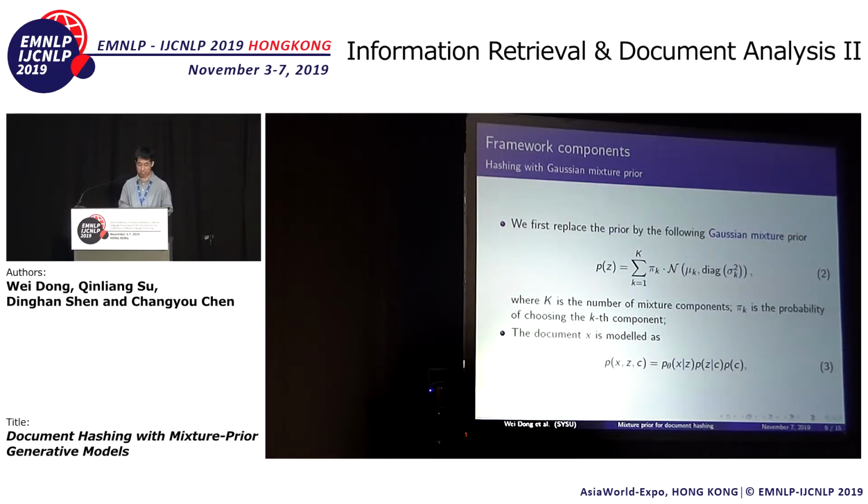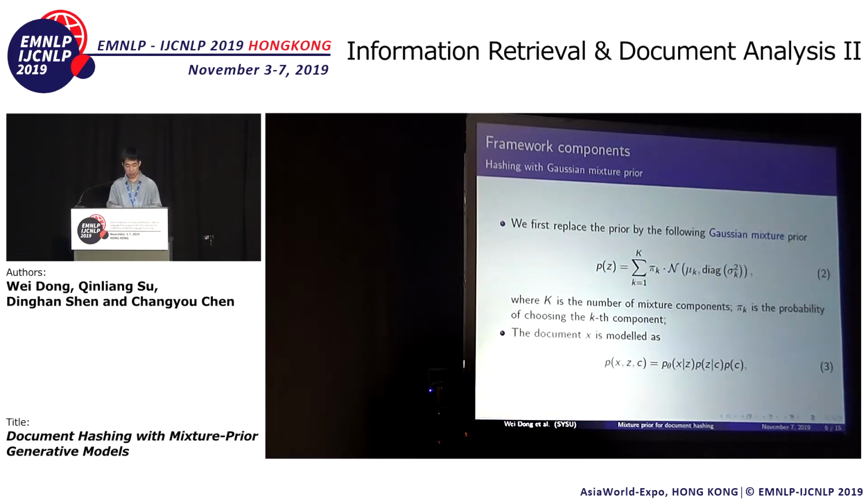We first replaced the prior with the following Gaussian mixture prior, which can be written as equation 2, where K is the number of mixture components and pi_k is the probability of choosing the k-th component.